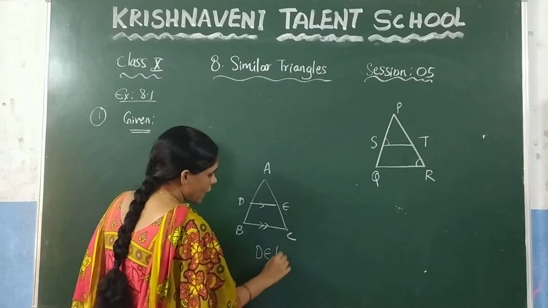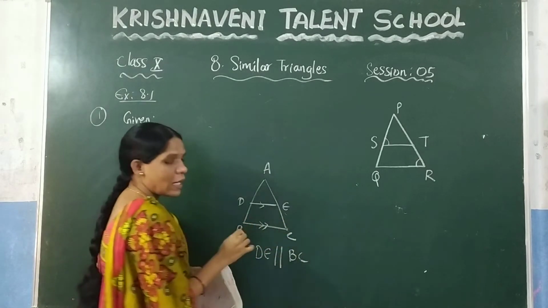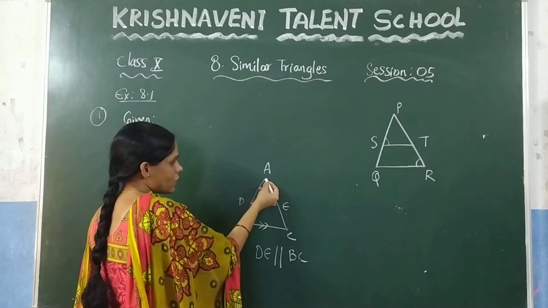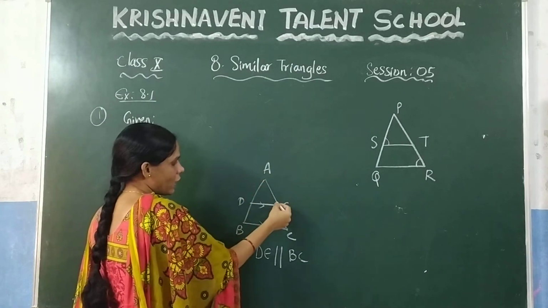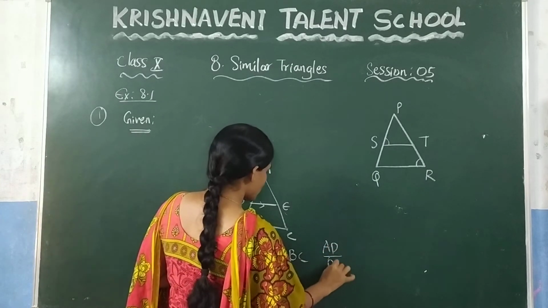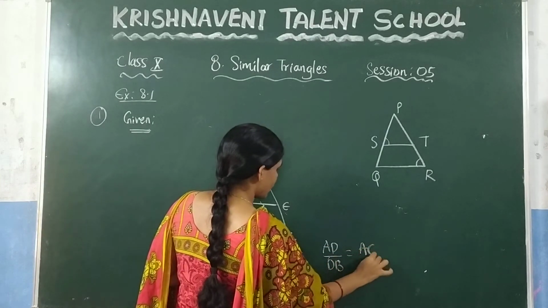If DE is parallel to BC, then the other two sides are divided in the same ratio, which is nothing but AD by DB is equal to AE by EC. This is the basic proportionality theorem.